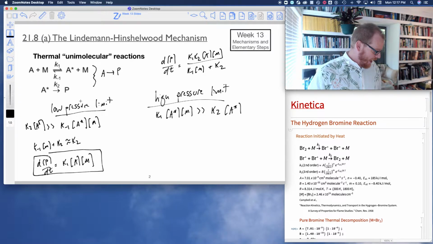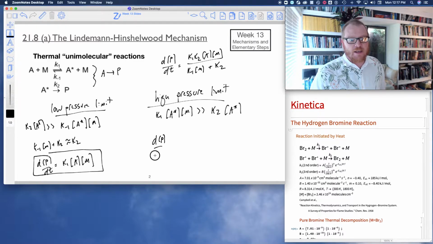Well, what we get out of that is the following. Over here, it becomes the opposite, where now K2 I can basically ignore. And so what I'm going to get out of this thing is dP/dt.